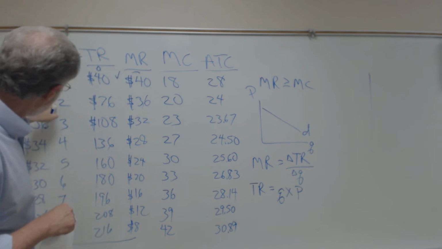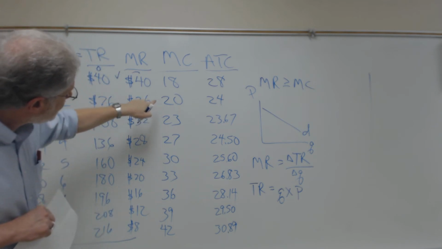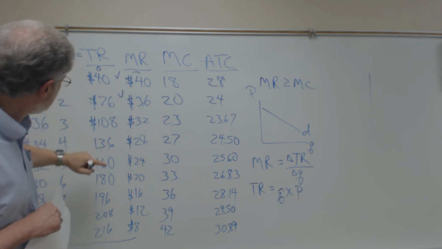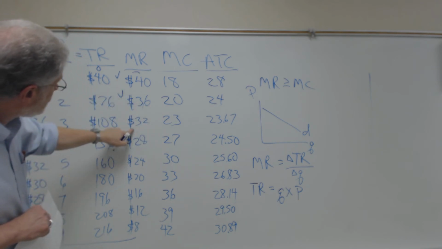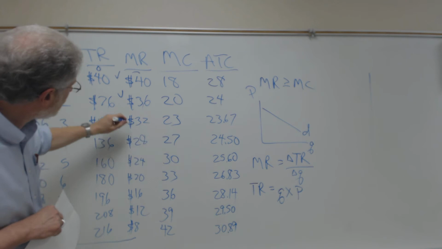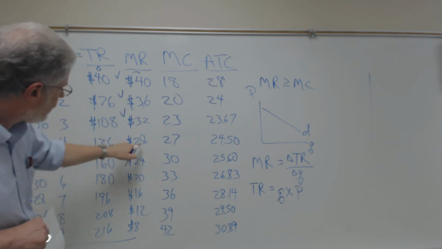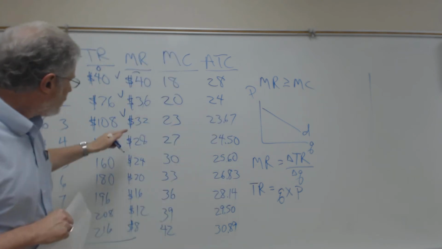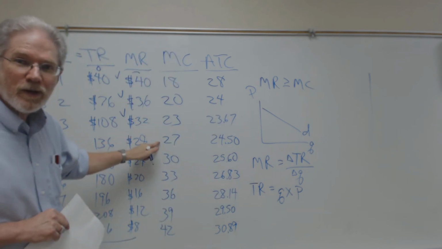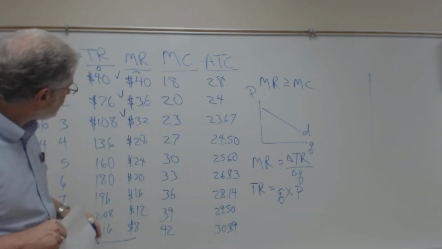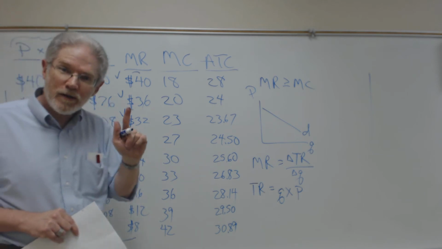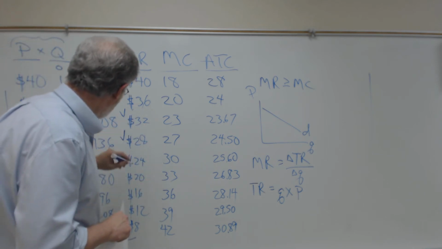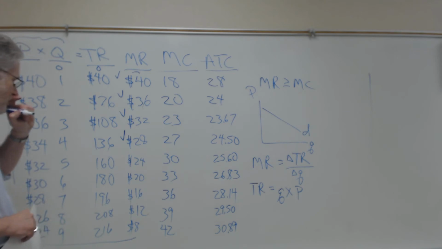You want to produce a second unit, it's going to add 36 to revenue, 20 to cost. Yes. Third unit, that's 32 to revenue, 23 to cost. Yes. Fourth, 28 and 27. Those are pretty close, but 28 is greater than 27. So producing that unit makes the firm $1 better off. So the firm will choose to produce that unit.